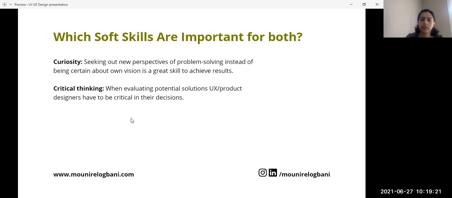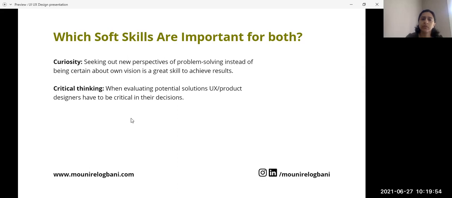For example, the main problem of some UX designers and product designers is to see the results first. They already have in mind what they are going to design instead of talking to the users and truly understanding the problem of the users.